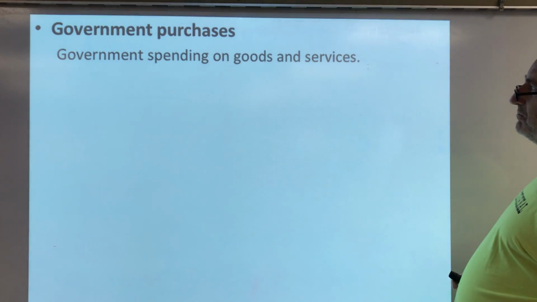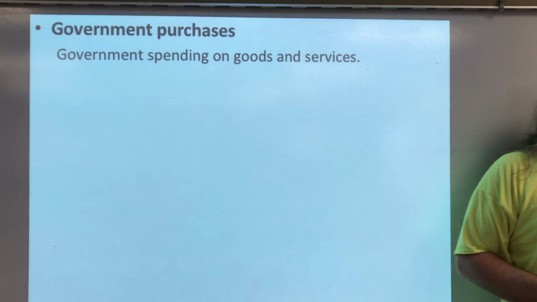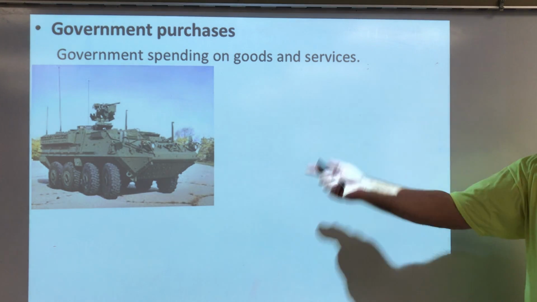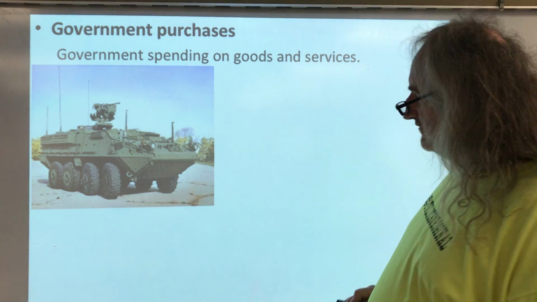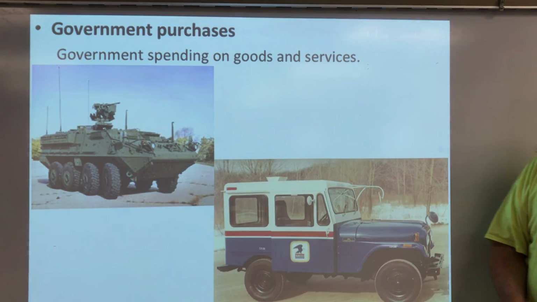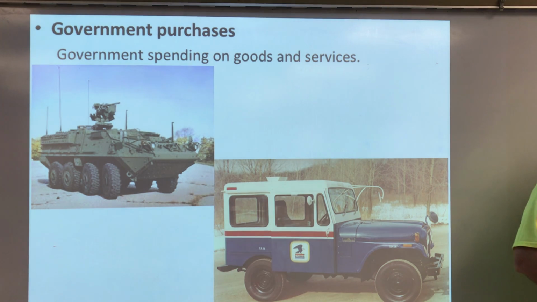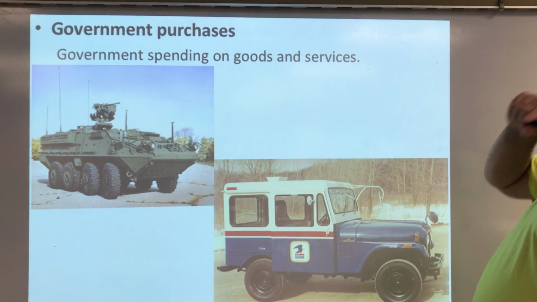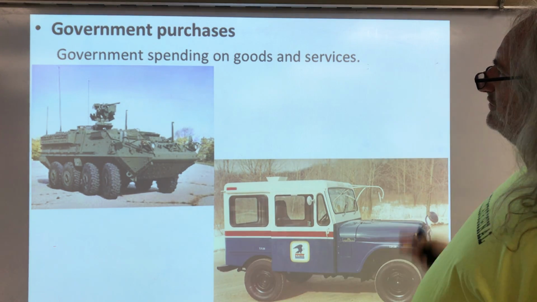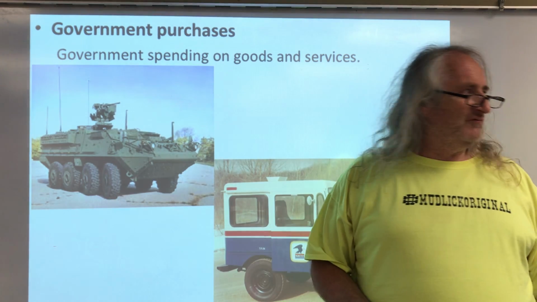So government spending on goods and services. Whenever the government purchased things like this, whatever you would call this tank of a thing, it's got a big gun on it, so it's going to shoot something. Or we purchase Jeeps for folks who deliver the mail in. I don't even know if the post office still buys these things or not, but they're cool. So anything that the government purchases is another measure of GDP.